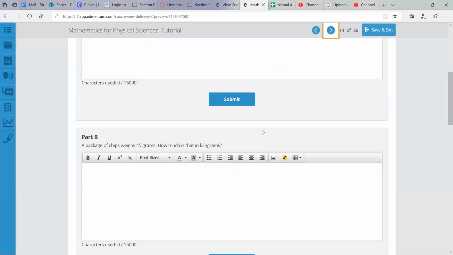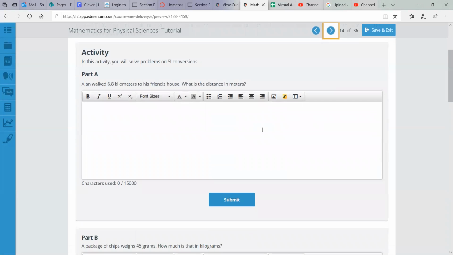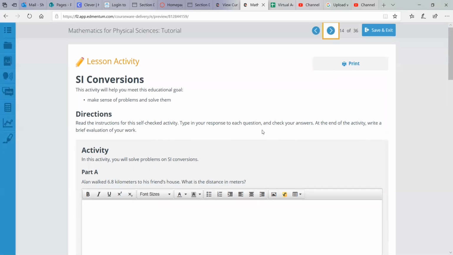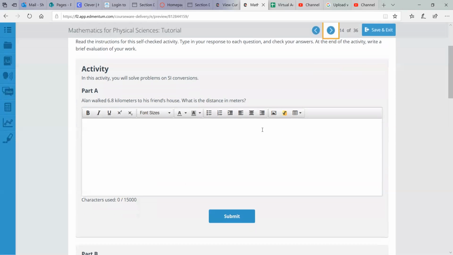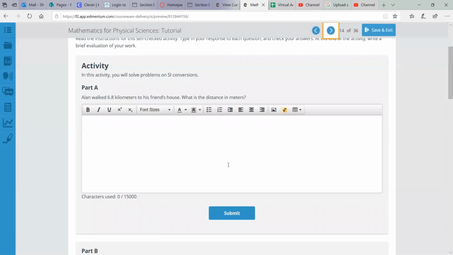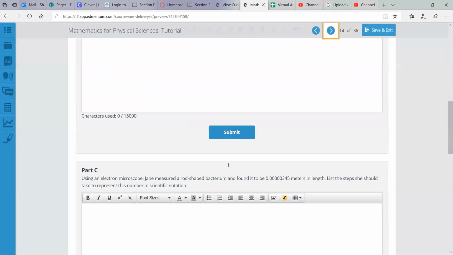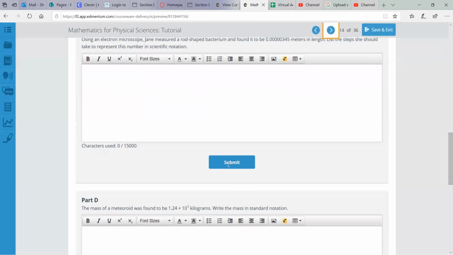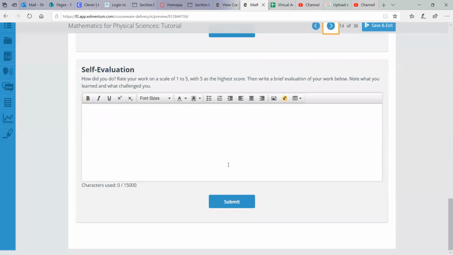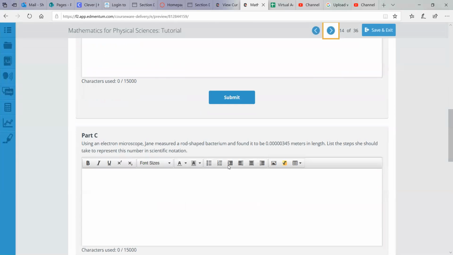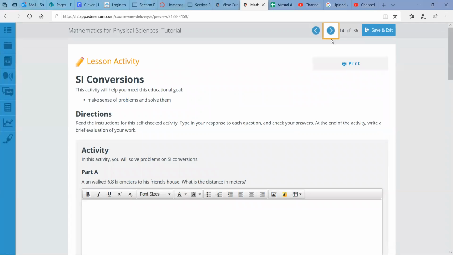So this is an activity where you convert and use scientific notation. Practice that, see how well you do with that.